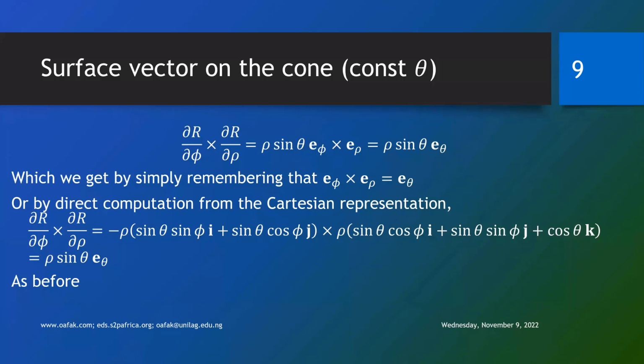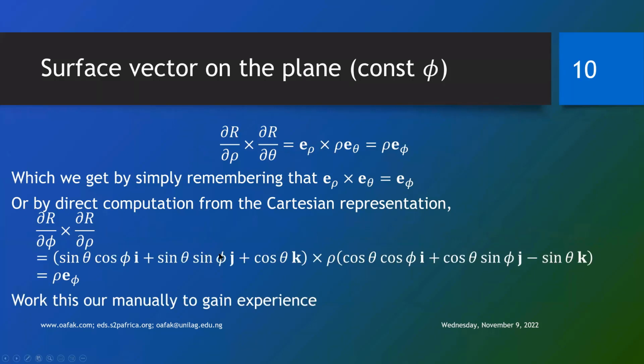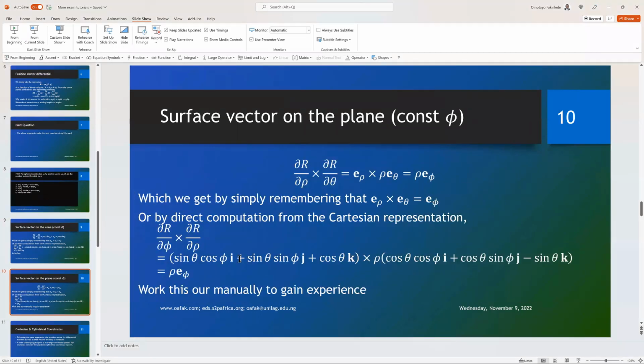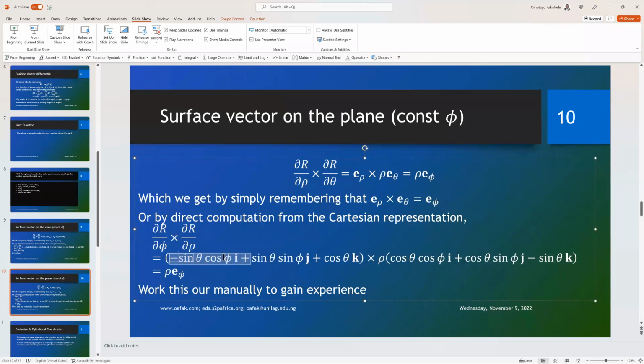If you use the Cartesian representation, sorry, this function was copied and pasted here, so there is an error everywhere. In this particular case, the minus is here.